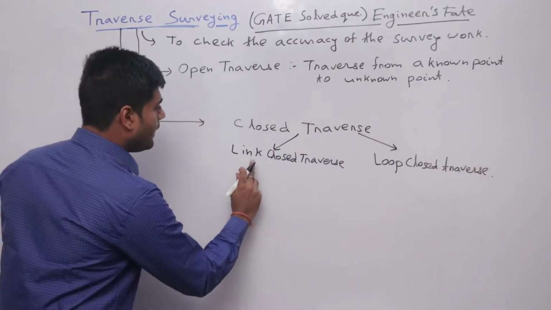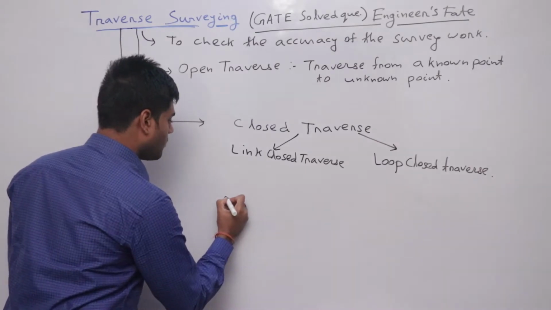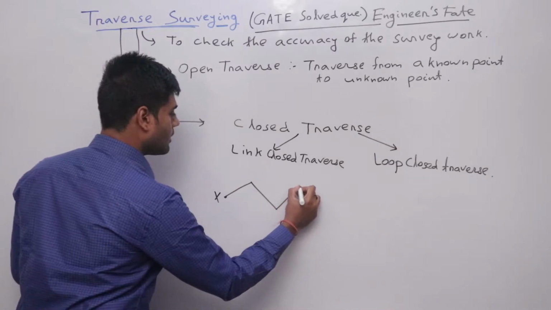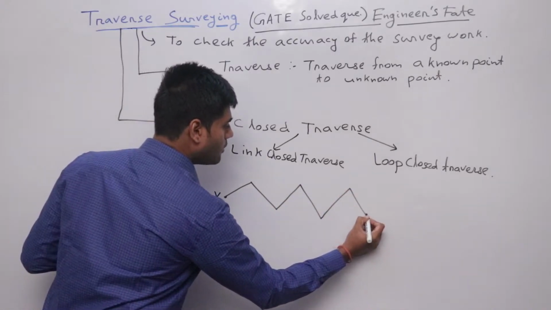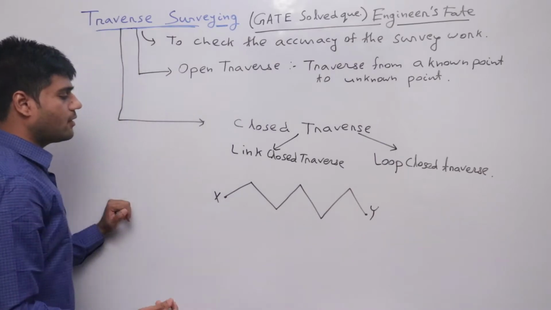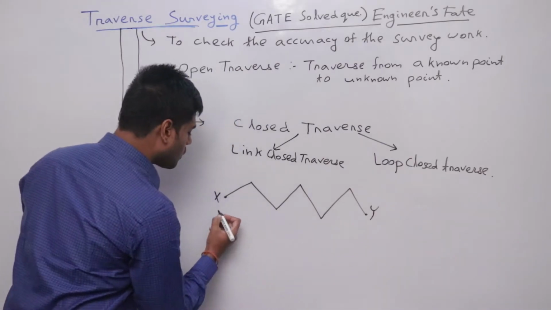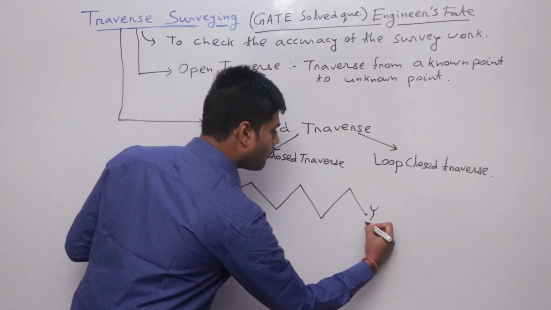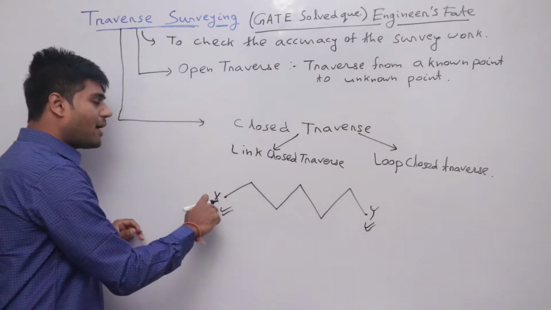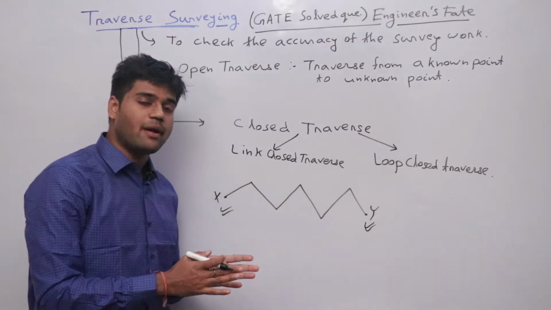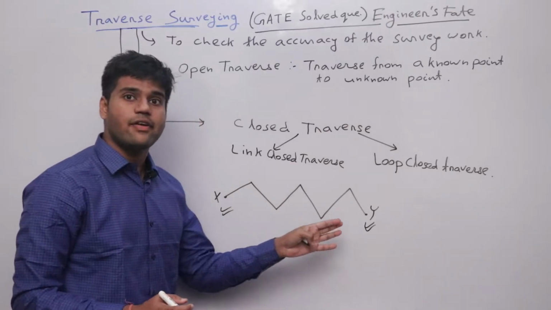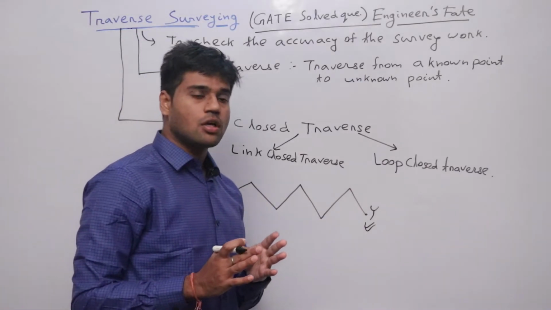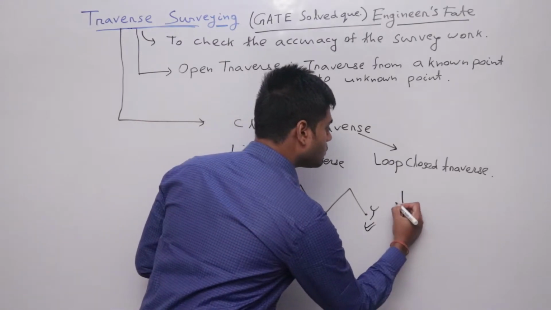In a link closed traverse, what happens? Suppose there is a point X as I have said, and I start my survey work, and there is a point Y where I end my survey work. I know the coordinates of X and I also know the coordinates of Y. So I have started my traverse from a known point and ended my survey work at a known point, and it is known as a link closed traverse. In a loop closed traverse, what happens?